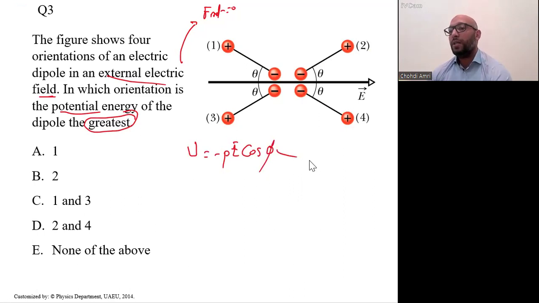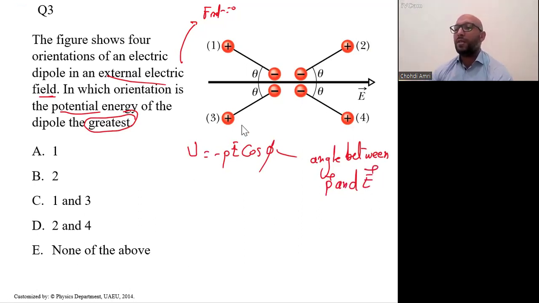Phi is the angle between P and E. P is the same for all these dipoles, and the electric field is the same for all these dipoles. Which one will determine the amount of the potential energy? It's phi, and this negative sign also.